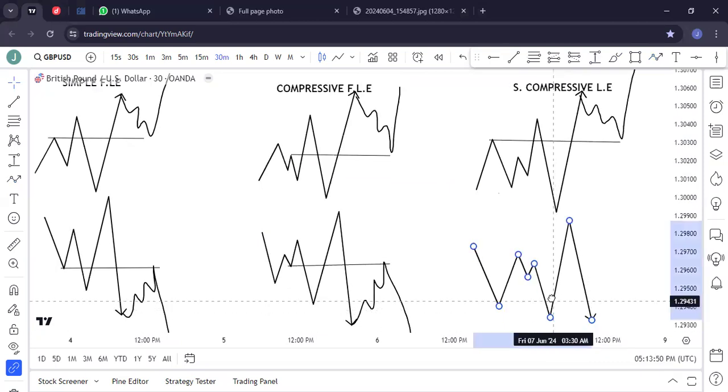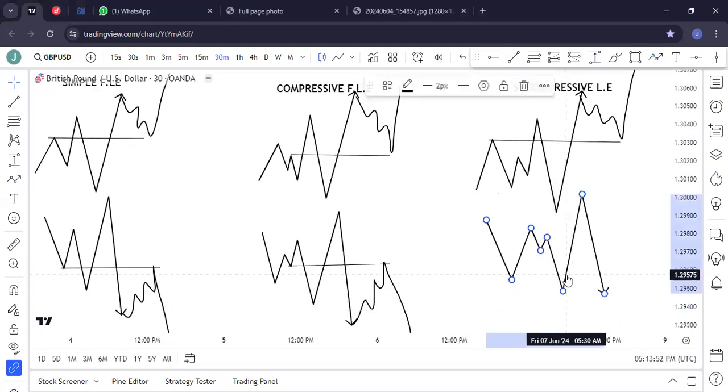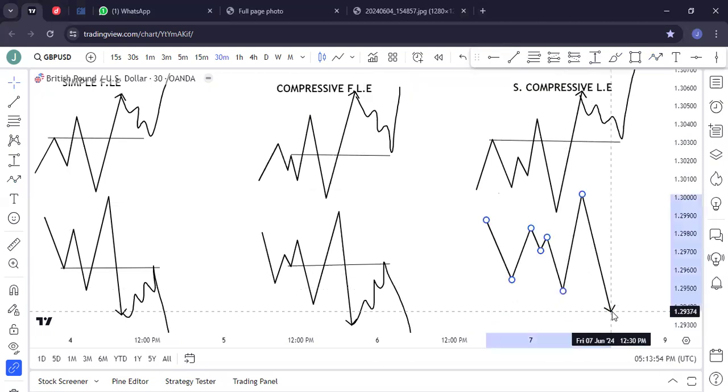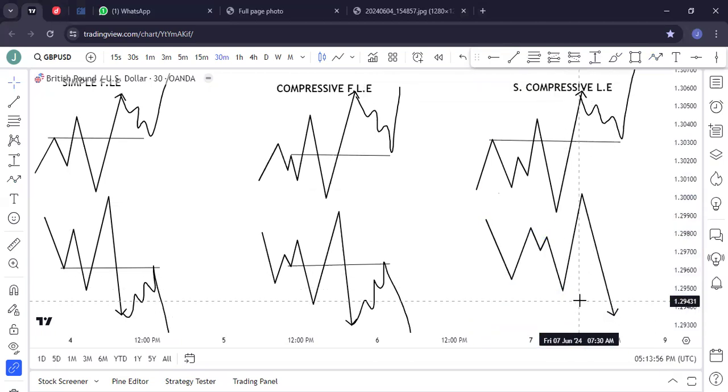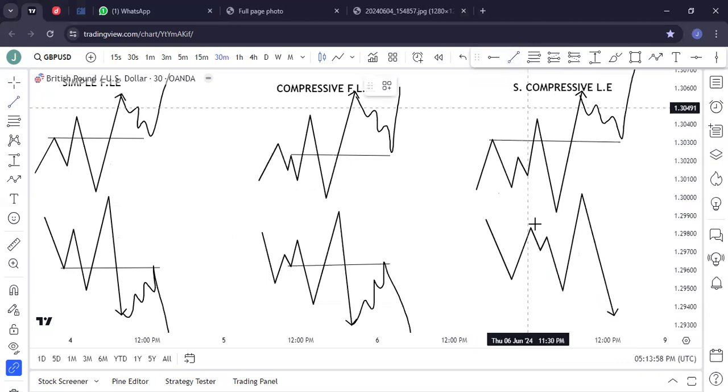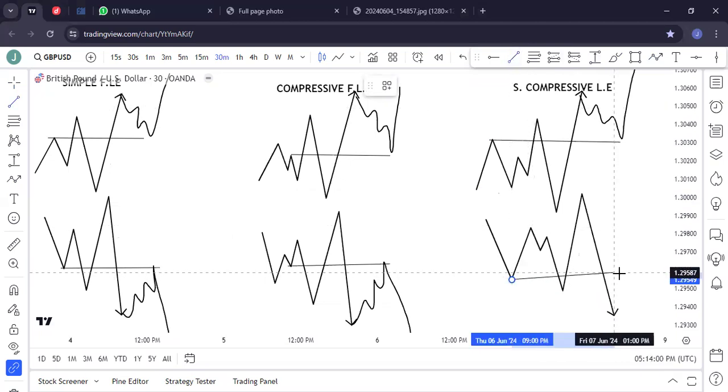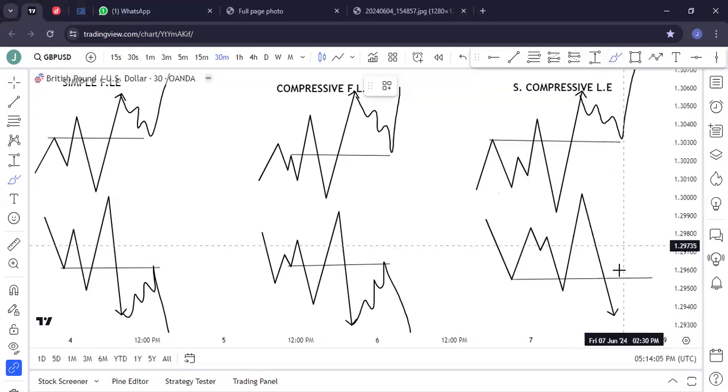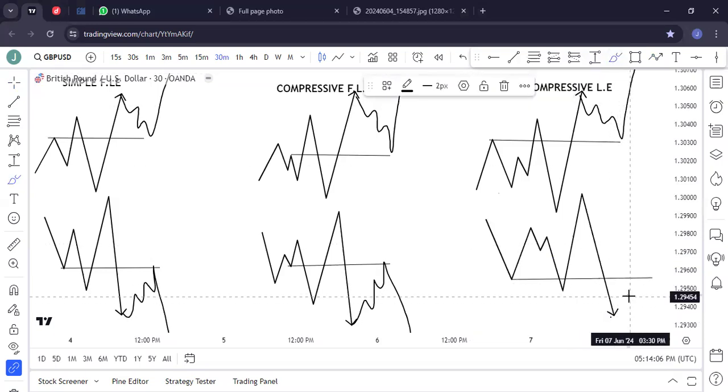So after that, now we were supposed to enter here as our liquidity engineering. So now we are going to enter it as a failed liquidity engineering.